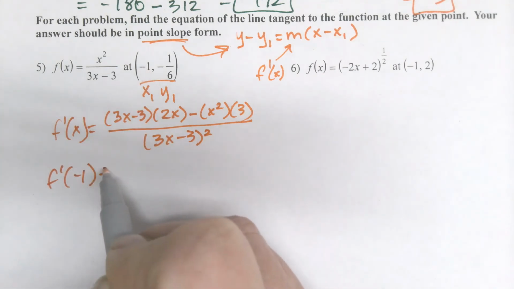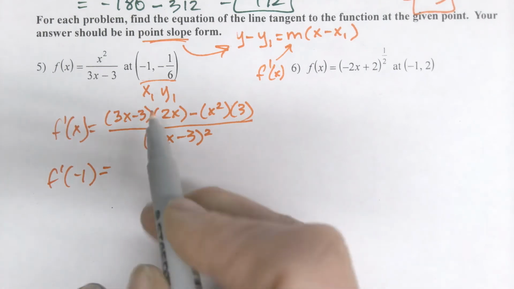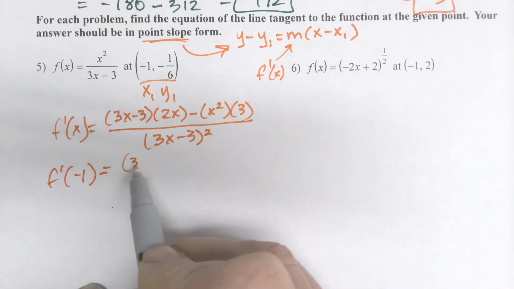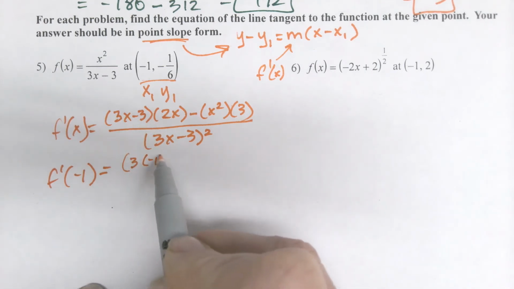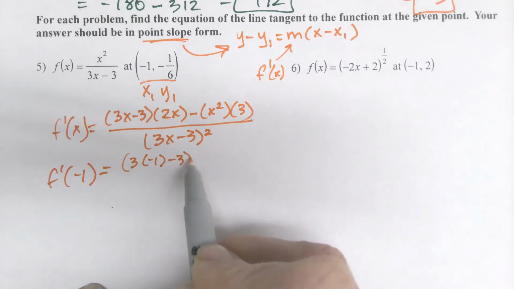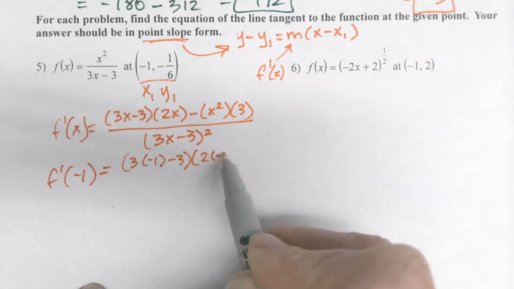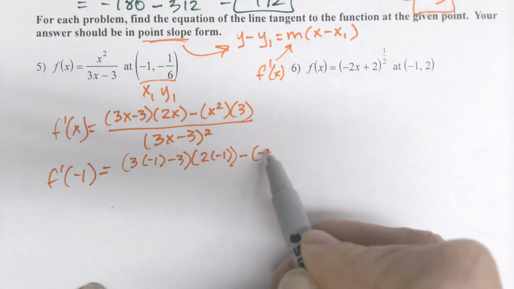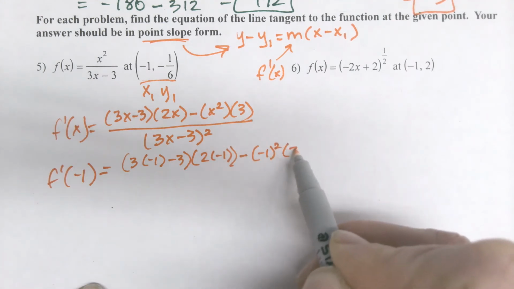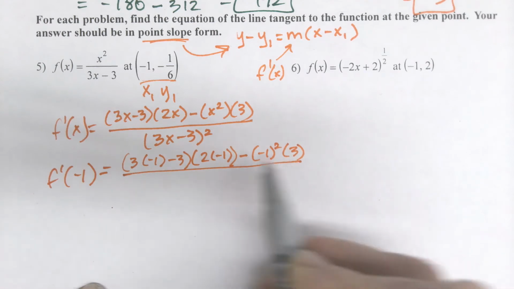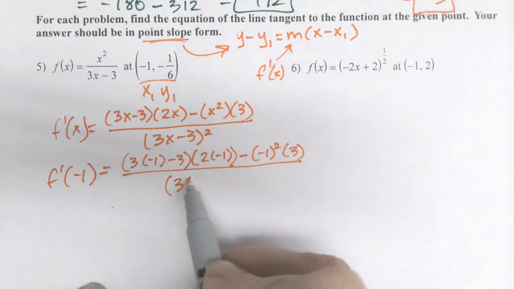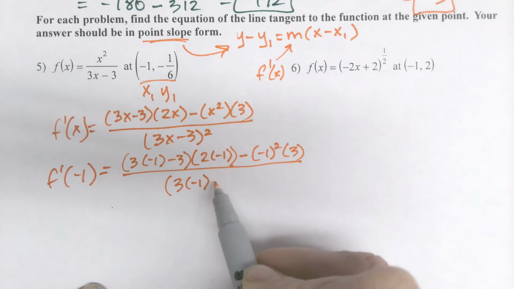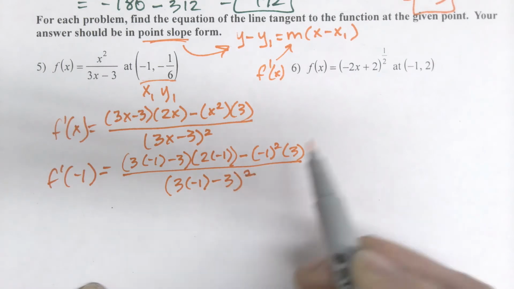At negative 1 is where I'm interested, so I'll plug that in. This is 3 times negative 1 minus 3 times 2 times negative 1 minus negative 1 squared times 3 all over 3 times negative 1 minus 3 quantity squared.